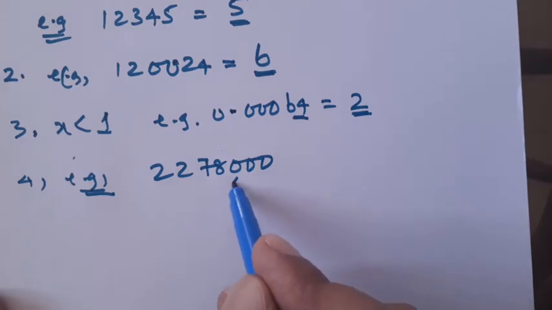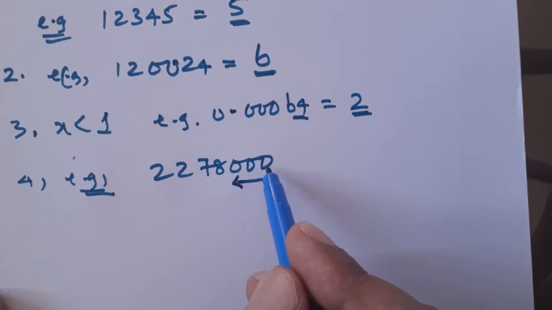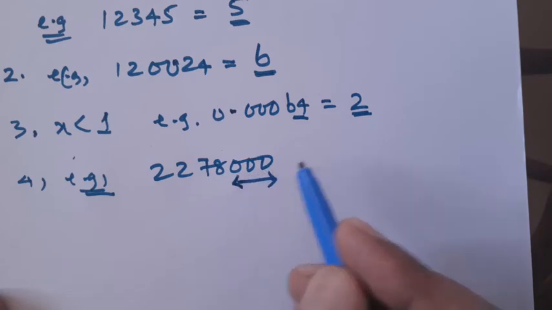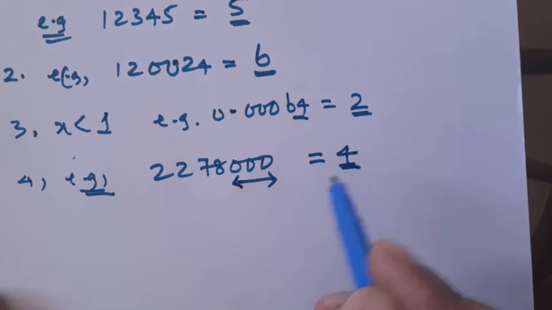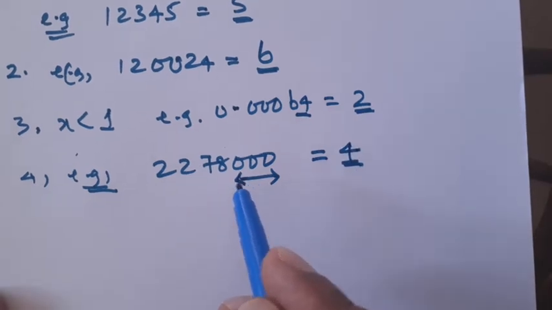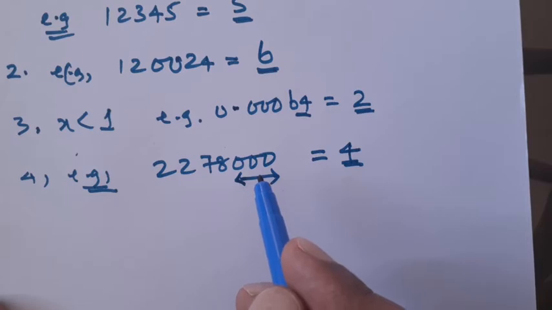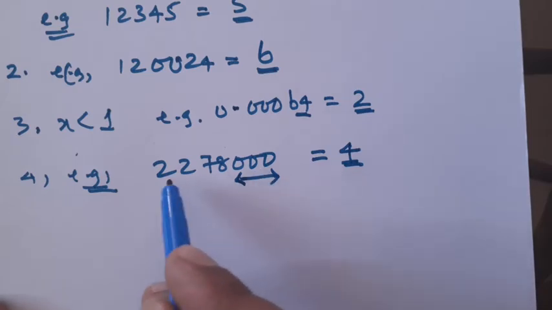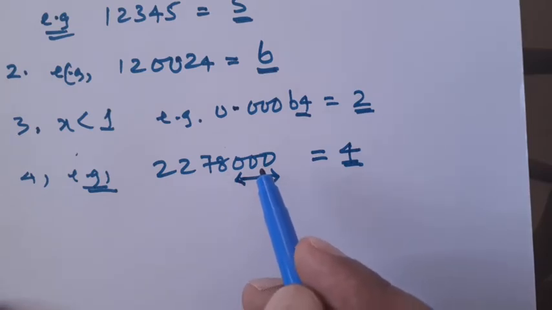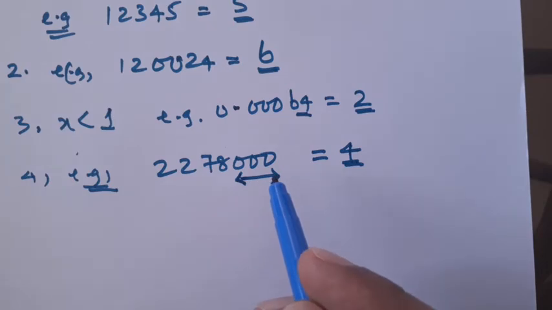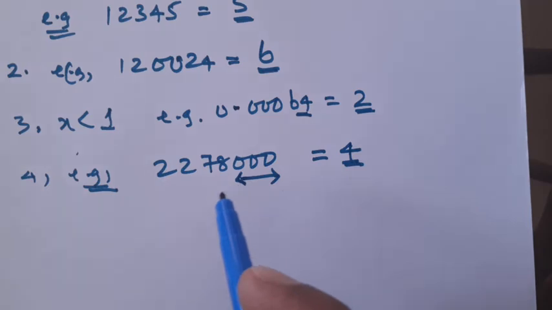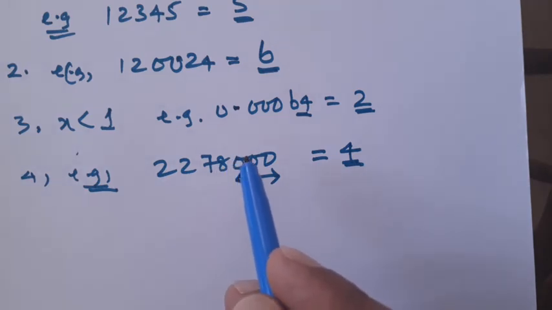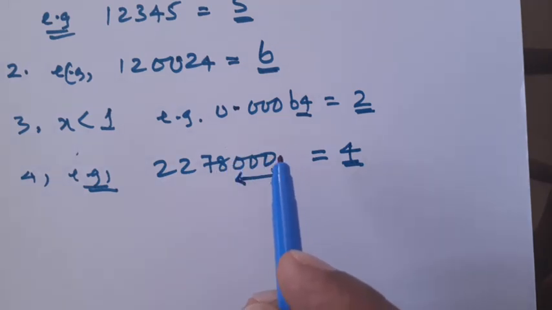Now these trailing zeros are not significant. So while writing the significant figures you have to remove these 3 which are trailing. So in this case the significant figure is 4. So what is the rule? In a number without a decimal point, the trailing zeros are not significant. So 2278 has only 4 significant figures.